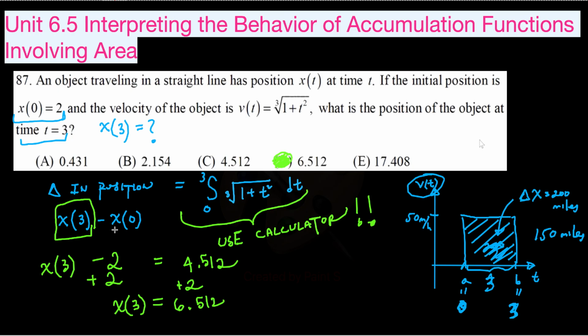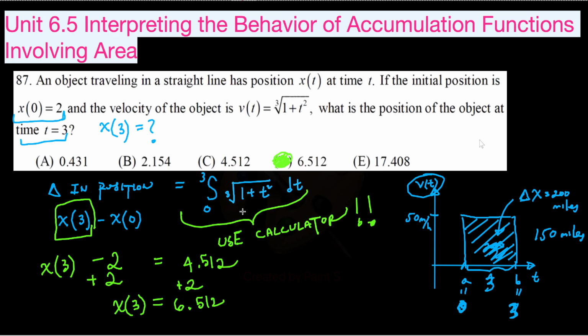Like with the drone we were talking about: if I know how high a drone is originally, and I know that it changed its altitude by 100 feet, then I can find out what its position is at the later time, which is x sub 3 in this case.